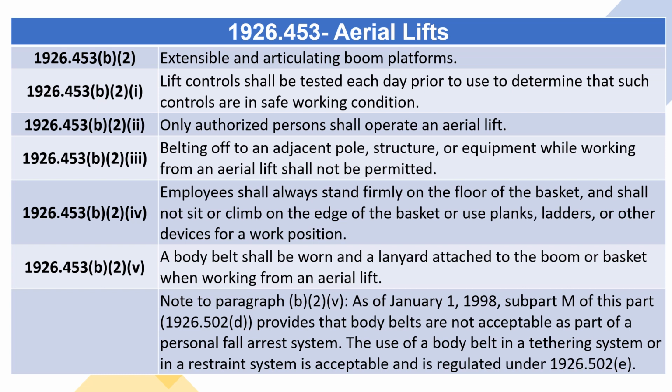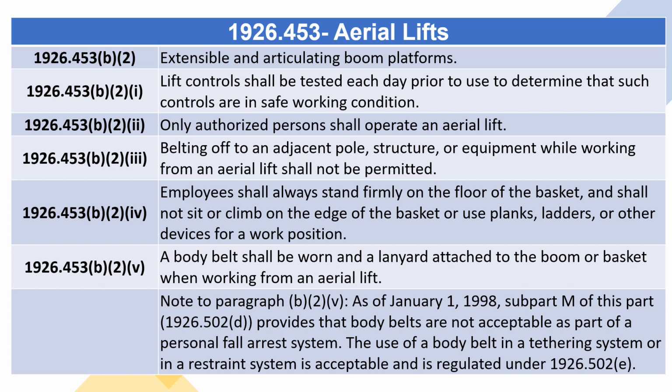A body belt shall be worn and a lanyard attached to the boom or basket when working from an aerial lift. Note to paragraph (b)(2)(v): As of January 1, 1998, Subpart M of this part, 1926.502(d), provides that body belts are not acceptable as part of a personal fall arrest system.